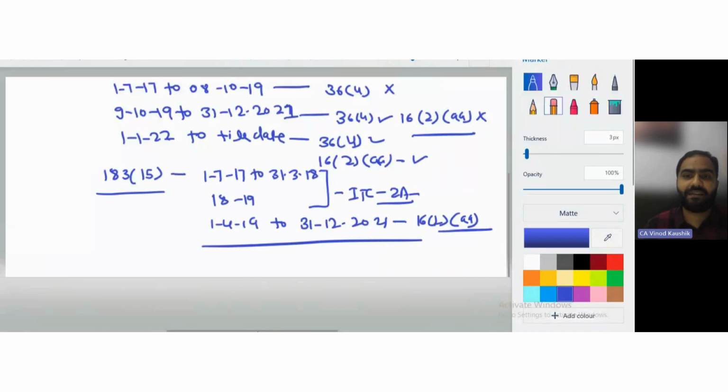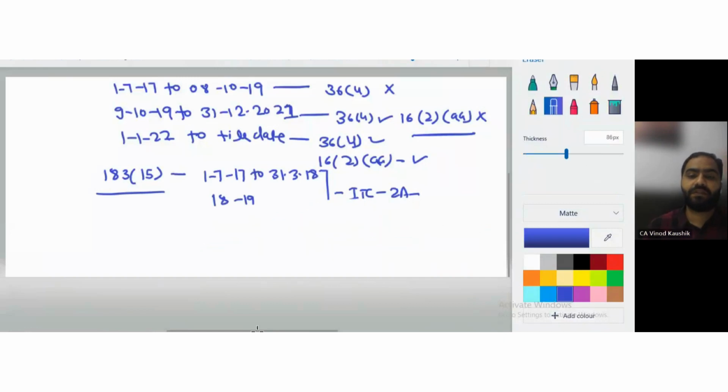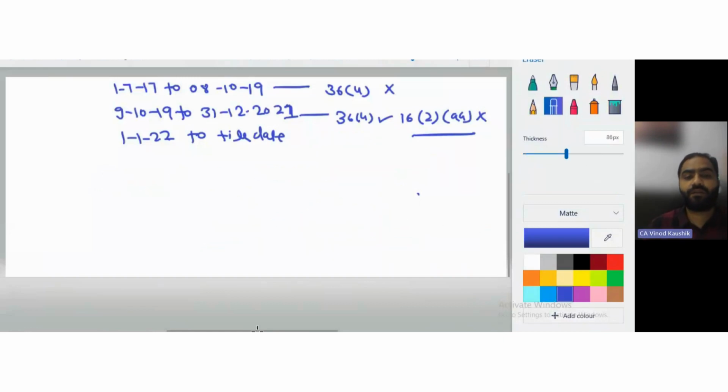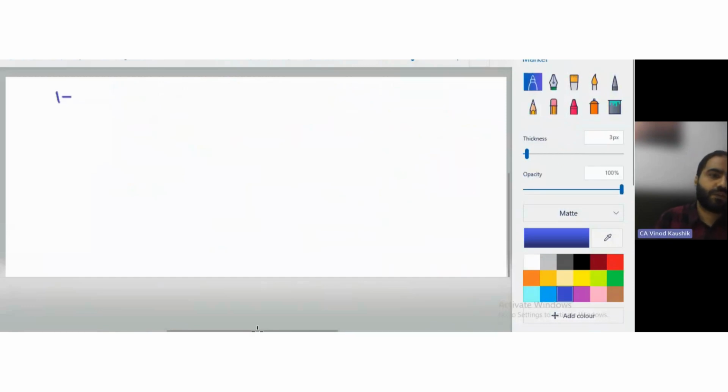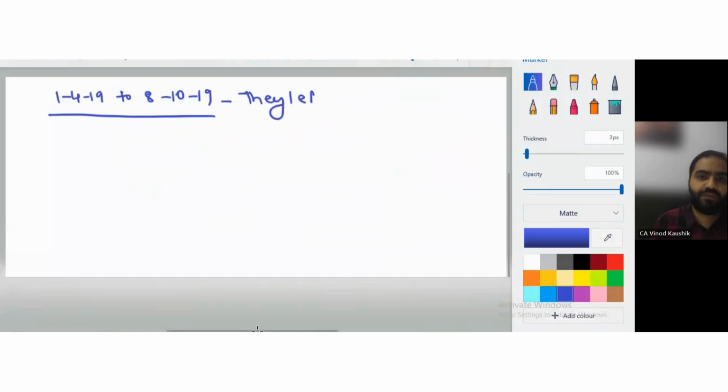And surprisingly, they left the interim period when 36(4) came into existence, that is from 1st of April 2019 to 8th of October 2019. Even this period they left. Very, very important.